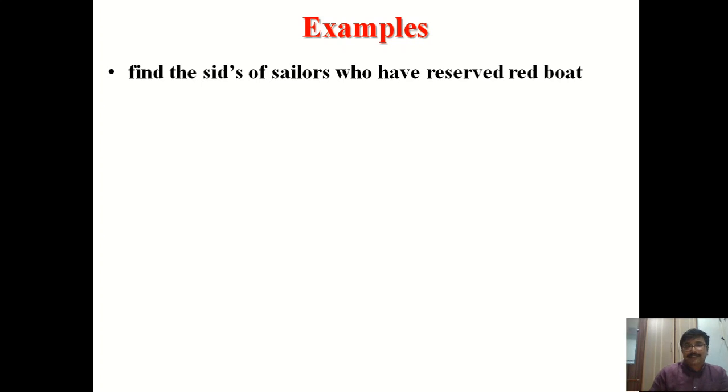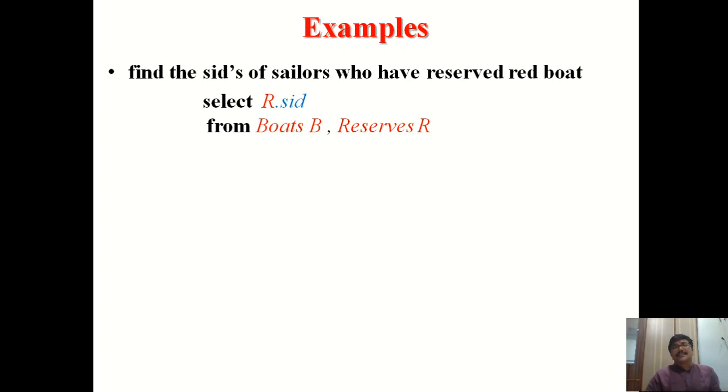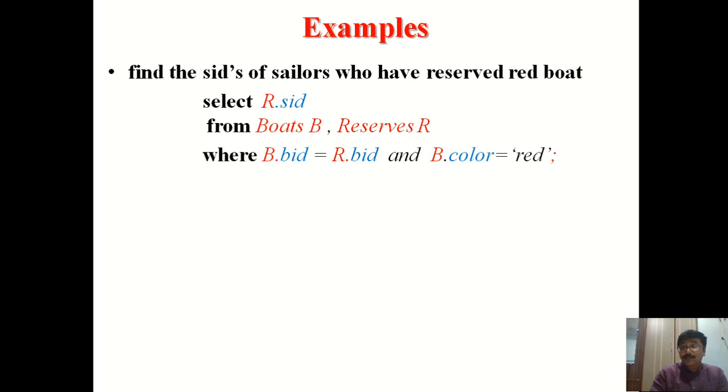Now we need to write the query. What do we need to display? SID, which goes on the select list. Select R.SID, where R is the alias name for reserves, since this SID is retrieved from the reserves table. From, as we already analyzed, we need two tables: boats renamed B and reserves with alias R. We are joining two relations, boats and reserves.